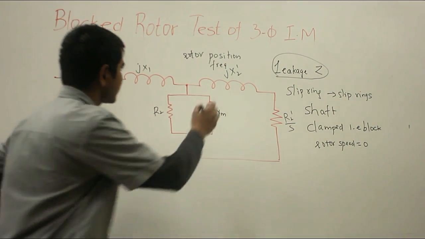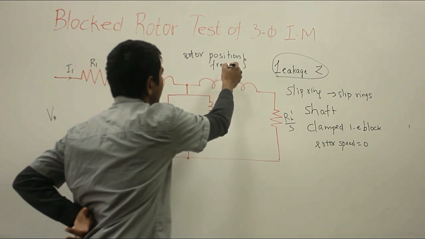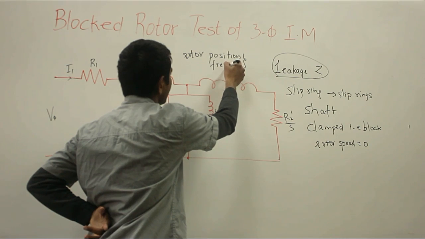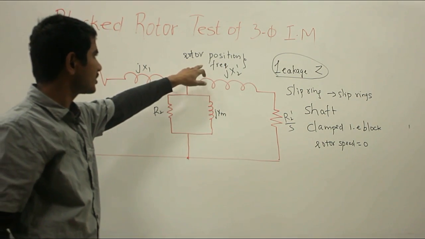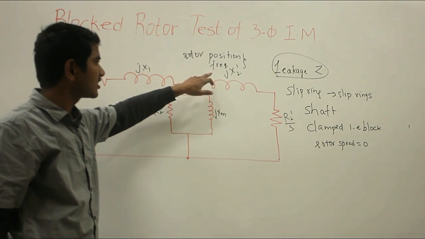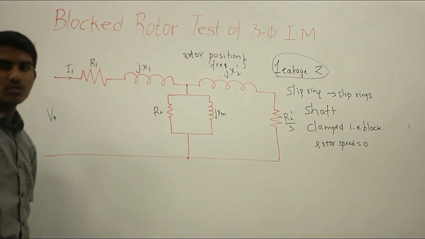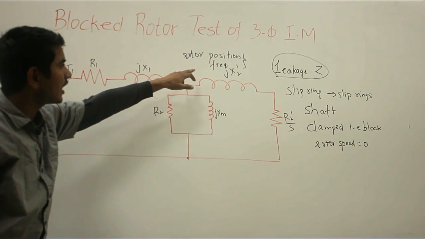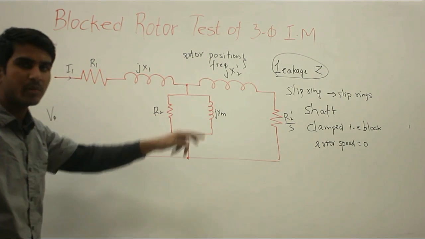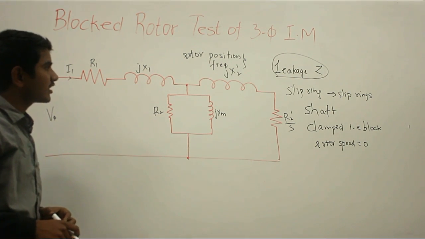So due to these three, that is the rotor position, rotor frequency and the magnetic flux dispersion, we conduct our block rotor test on the squirrel cage motor only, because the effects of these three can be minimized in the squirrel cage type of induction motor.